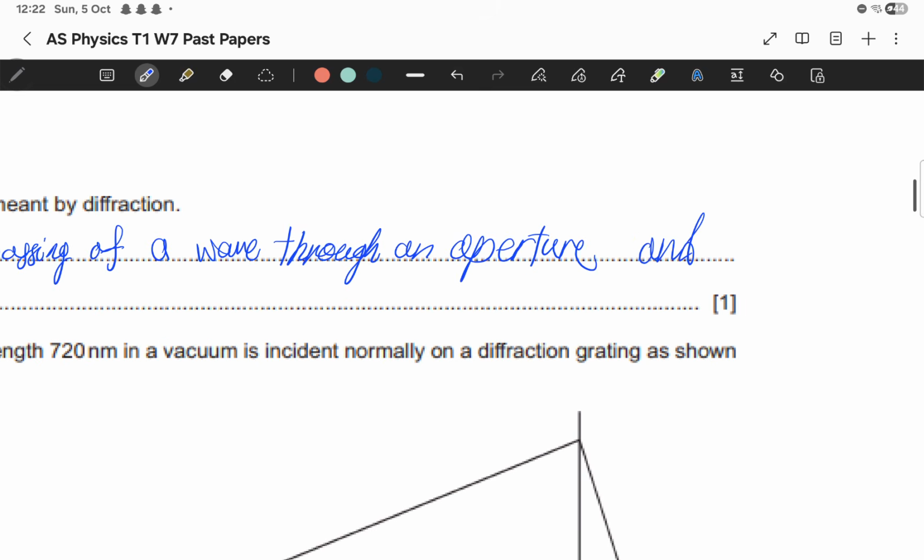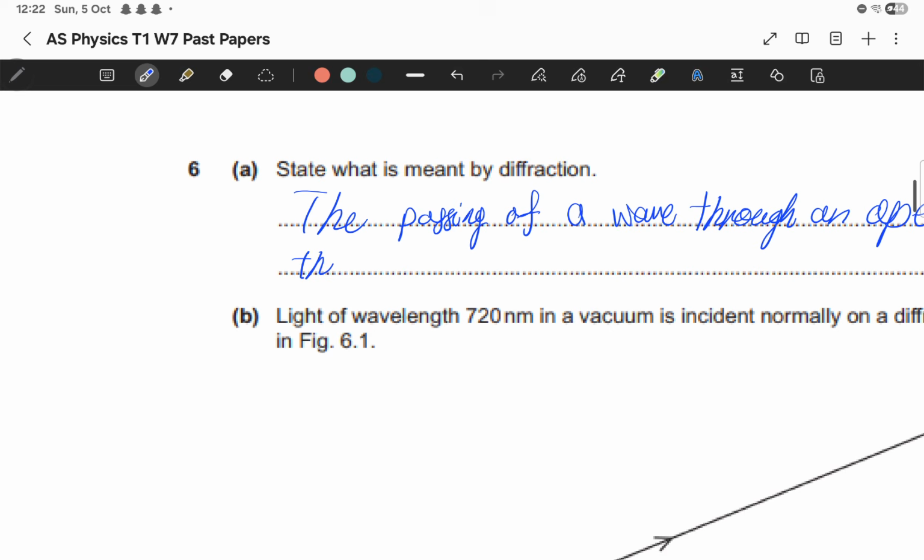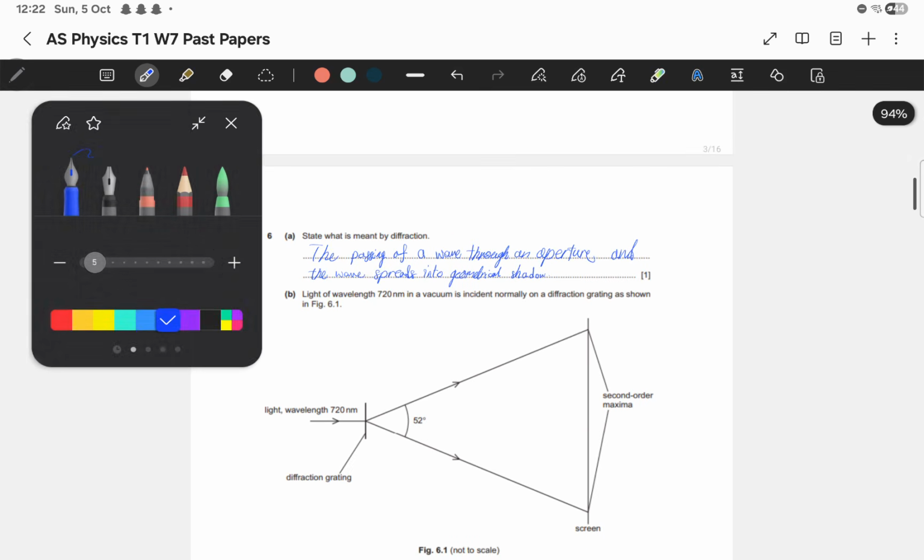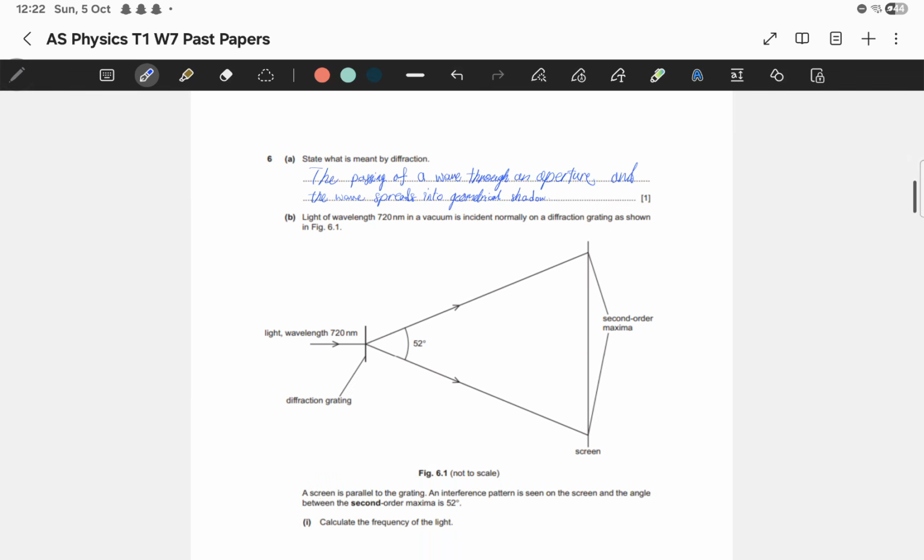And the wave spreads into geometrical shadow. This will guarantee you the marks for this question. And again, it's 1 mark, so it's a free mark.